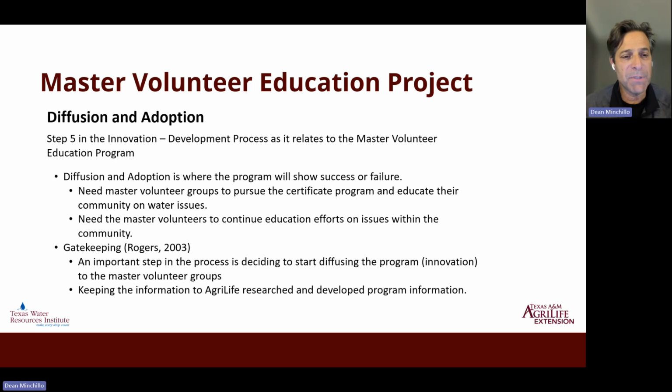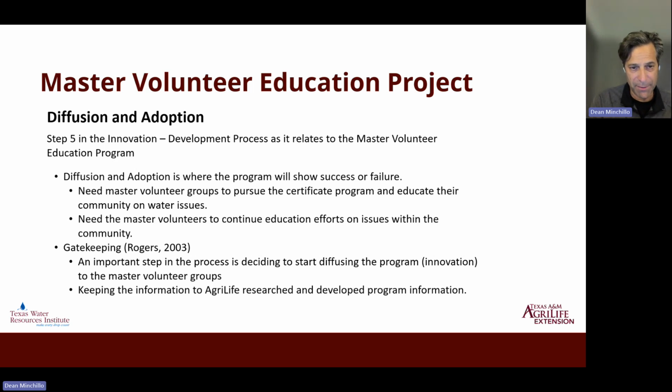So as it comes down to the diffusion and the adoption part of these steps, which is really the critical part in my opinion, if the master gardener or master volunteer groups do not pick up this program, do not pursue this type of certificate, then there's no way that this will be successful.